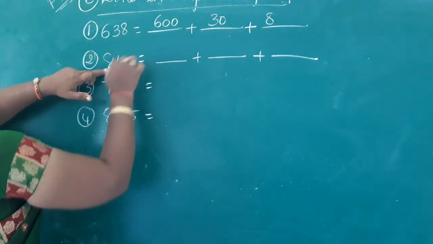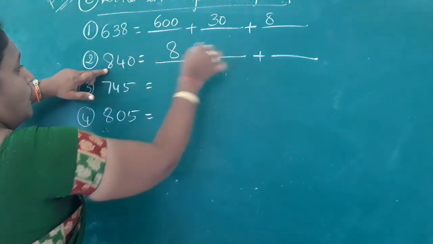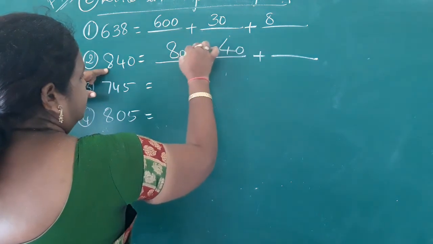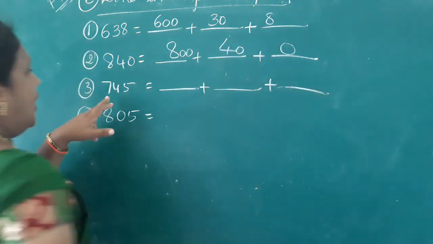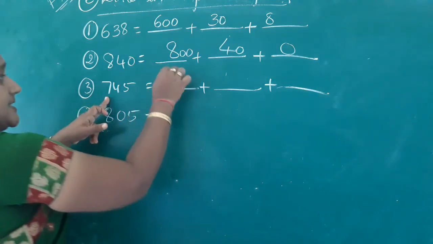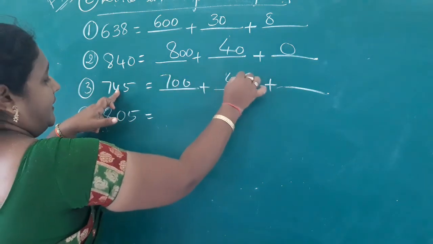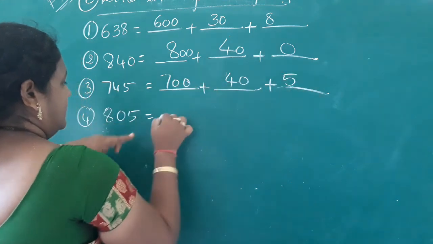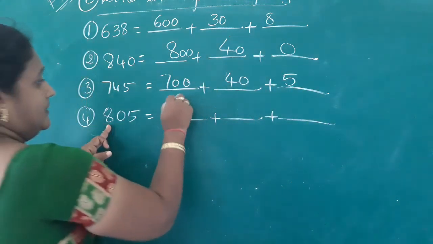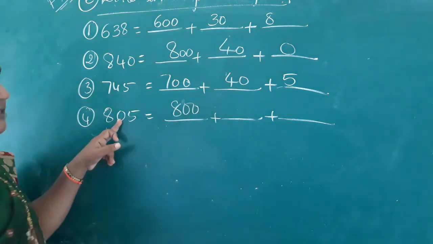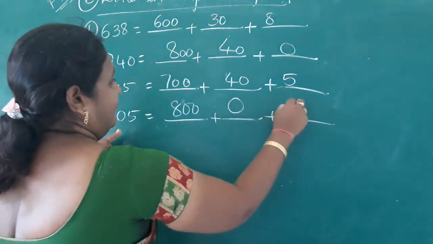How many hundreds are there? 8 hundreds. How many tens? 4 tens, 40. 0 ones. Next one. How many hundreds? 7 hundreds. 4 tens, 40. 5 ones. Next one. 8 hundreds. Not yet given tens place, 0, and 5 ones.